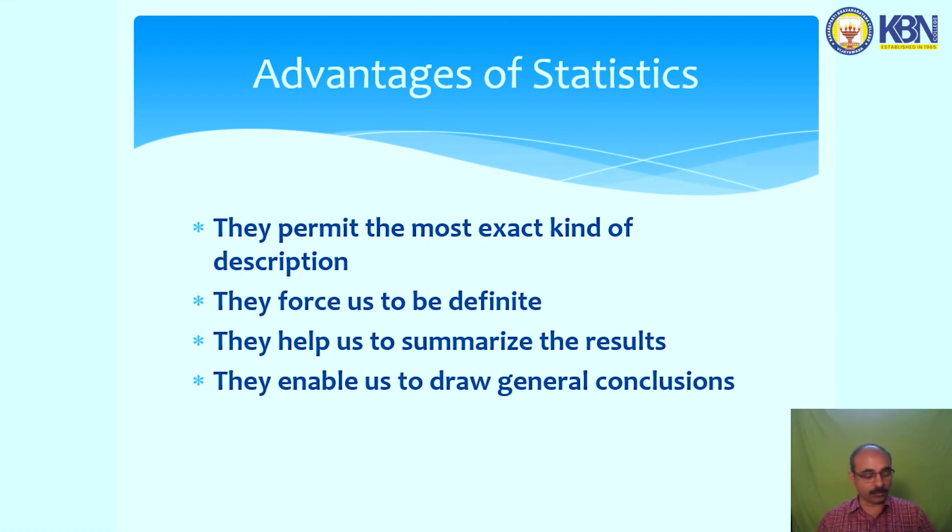Next, the last one: enable us to draw general conclusions. What are general conclusions? That means drawing conclusions according to accepted rules. We have to conclude in accordance with the accepted rules only.